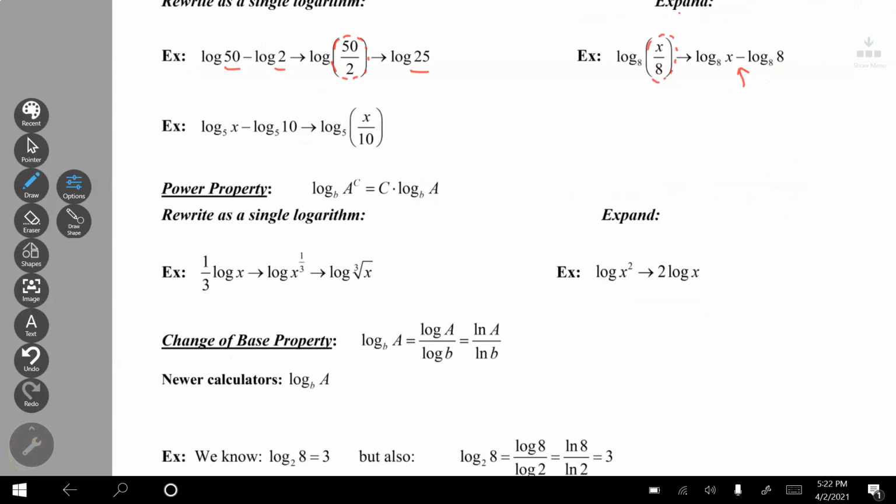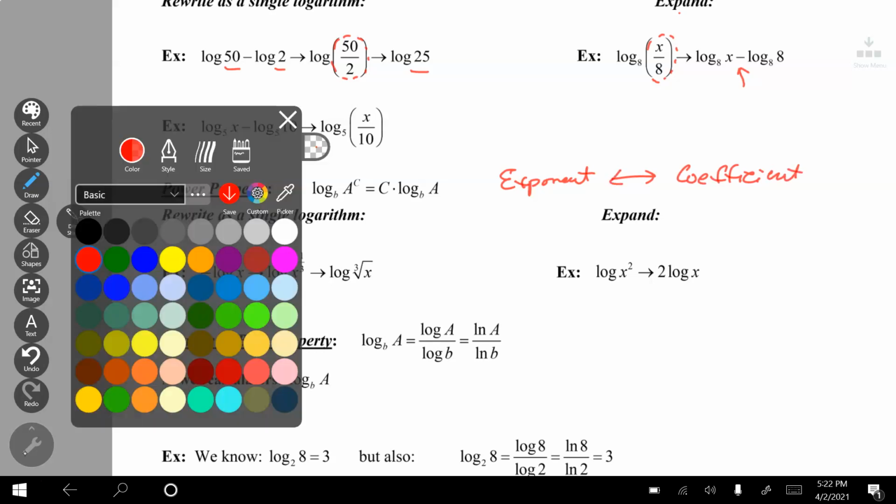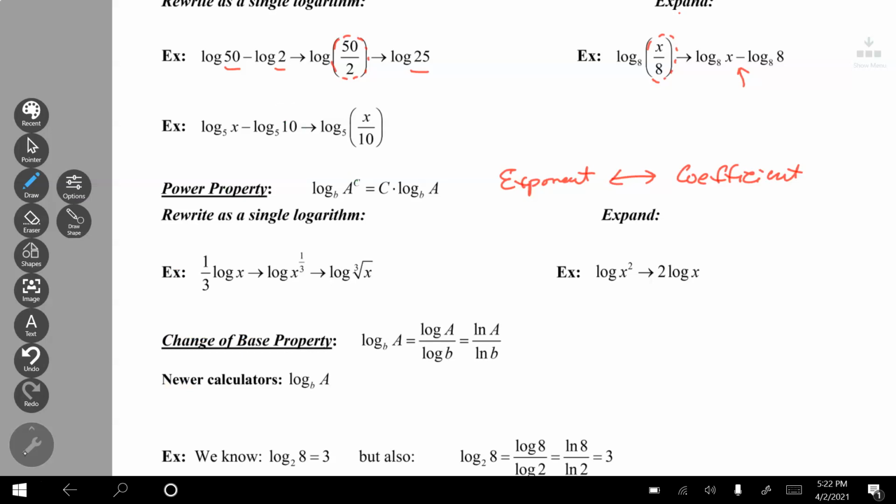And here's a property that we're going to use a lot, not so much today, a little bit today, but a lot when we start solving. And the idea is that this exponent on that a can become the coefficient in front of the logarithm. So this exponent can go in front, and vice versa.